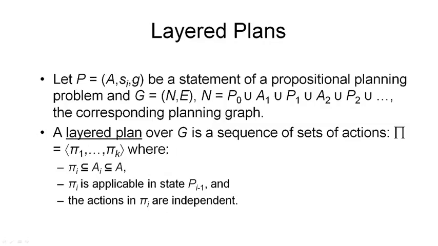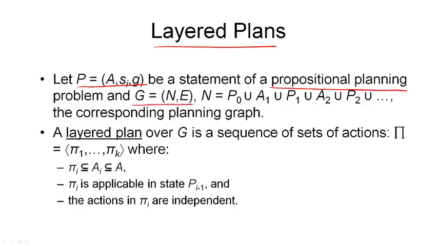Now we can define what we mean by a layered plan, which is the type of plan we'll be looking for in our planning graph. So suppose we are given a planning problem consisting of a set of actions, an initial state, and a goal. The set of actions here is a set of propositional actions, and we're dealing with a propositional planning problem.